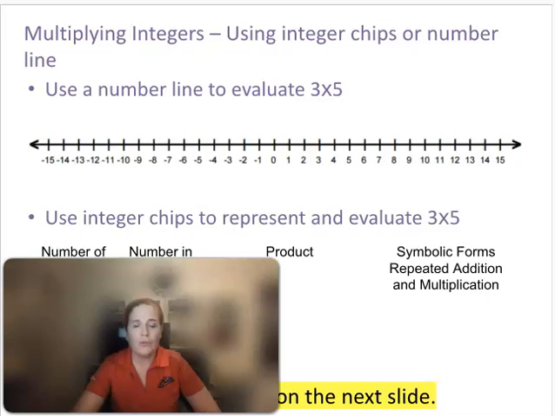But we are going to go back to that idea from whole number multiplication of what the first number in a multiplication sentence means and what the second number means. Remember, the first number is the number of groups or copies, and the second number is the size of the group or the size of the copy.